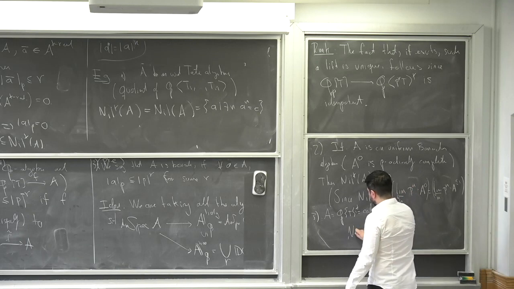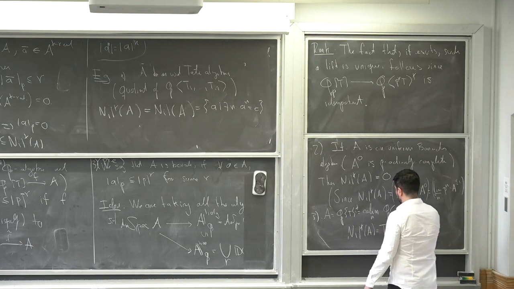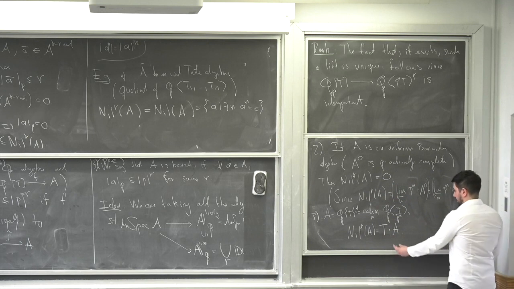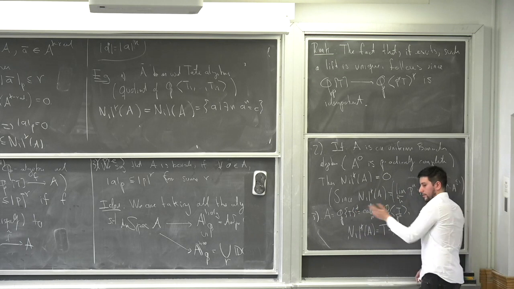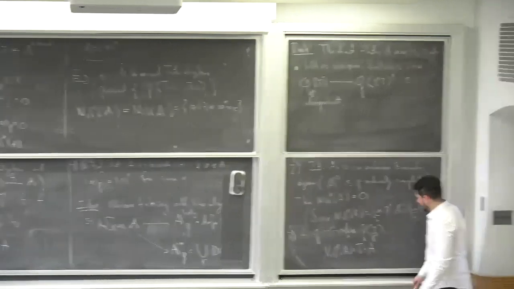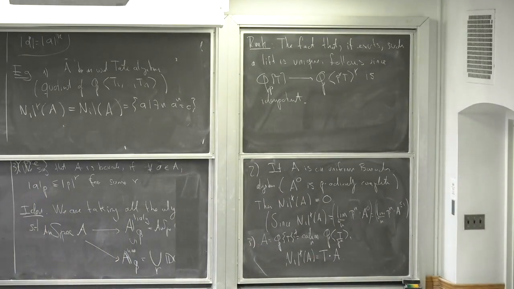Then the nil radical, this guy is basically generated by all the functions that come from 0. In particular, this guy has not nilpotent elements. I mean, still, it does have these elements of norm equal to 0.